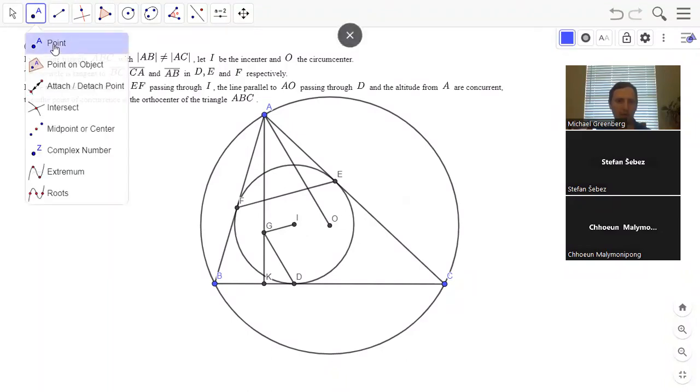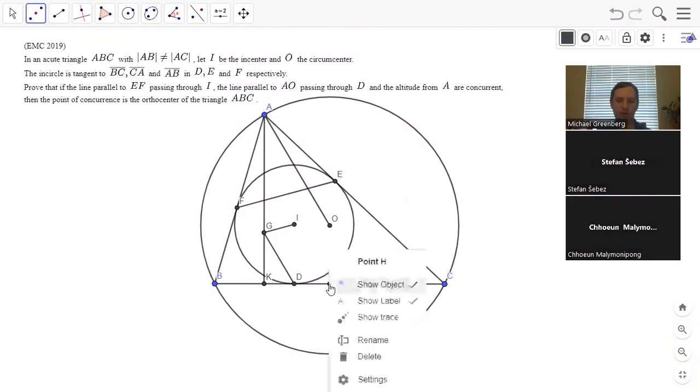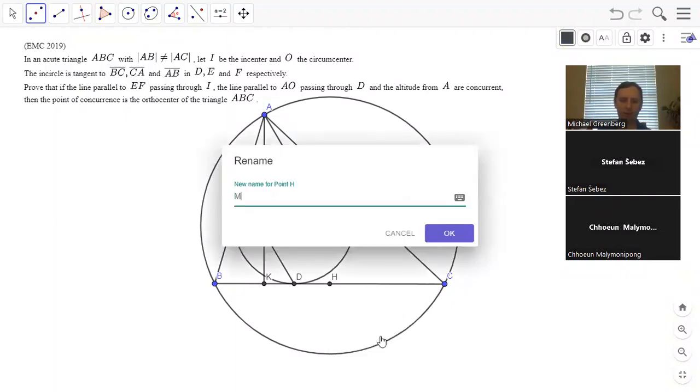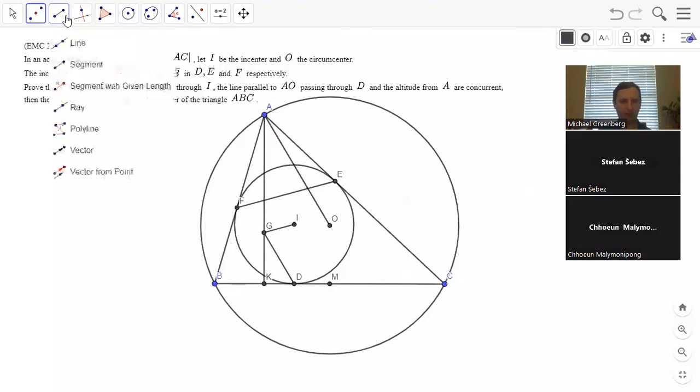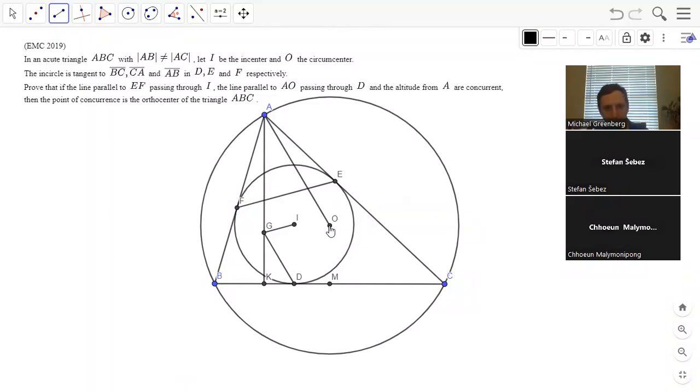So if M is the midpoint of BC, another way to say it is that AG is twice OM. We could also do it that way. We know that IM bisects AD.